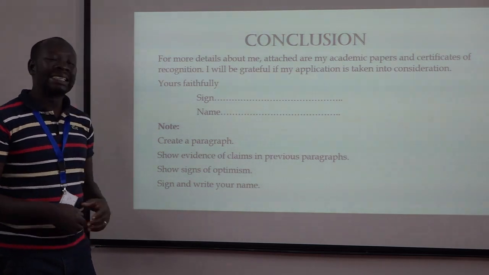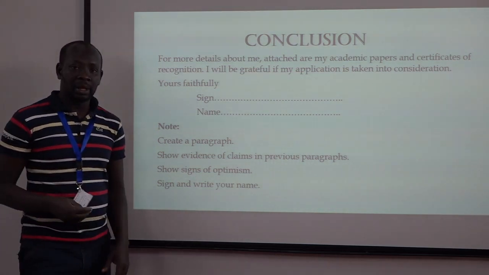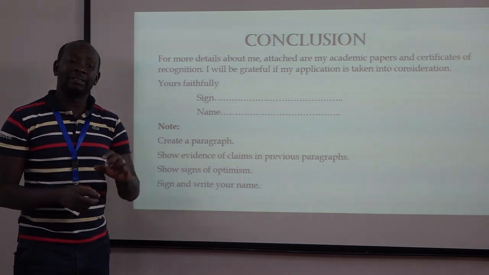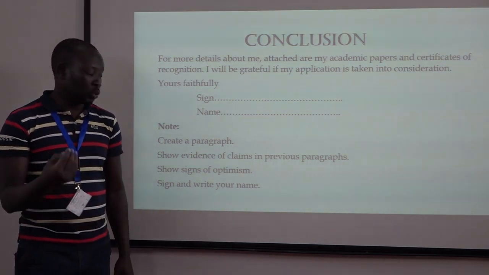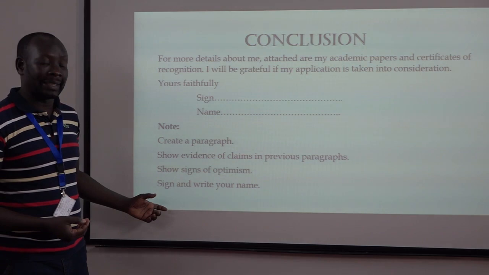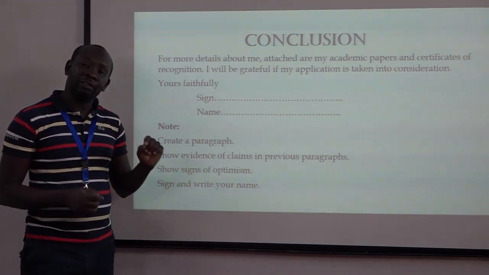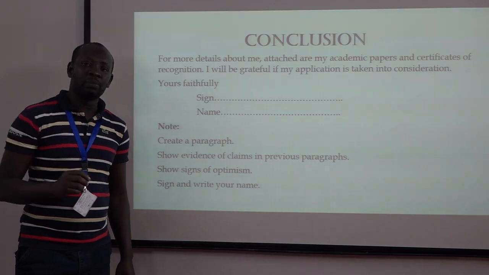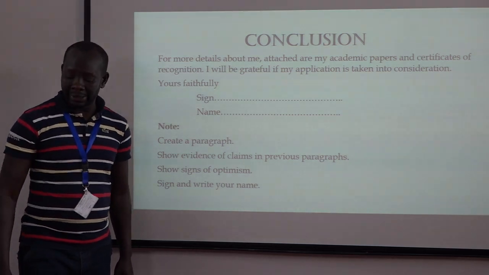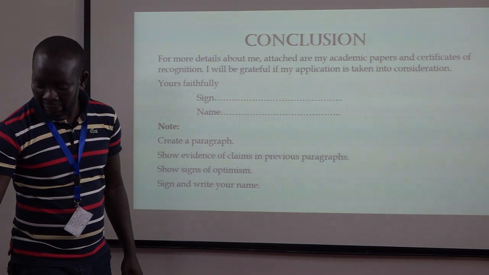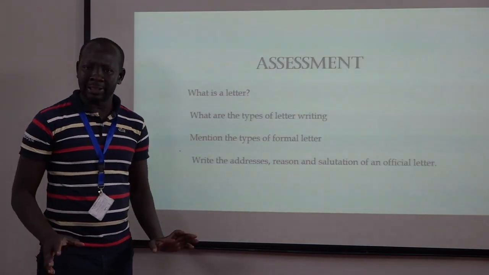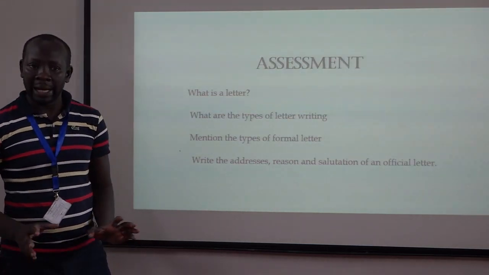Then show signs of optimism, that you are hopeful that this letter is going to be taken into consideration. And then, as I said, lastly, you need to sign your letter by first of all writing your signature and writing your name. This is a very simple thing. It's not a hard thing.